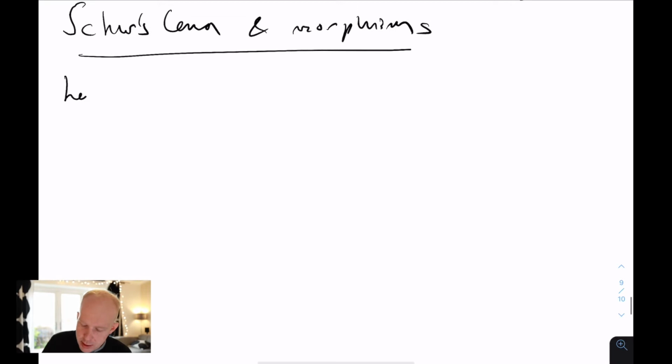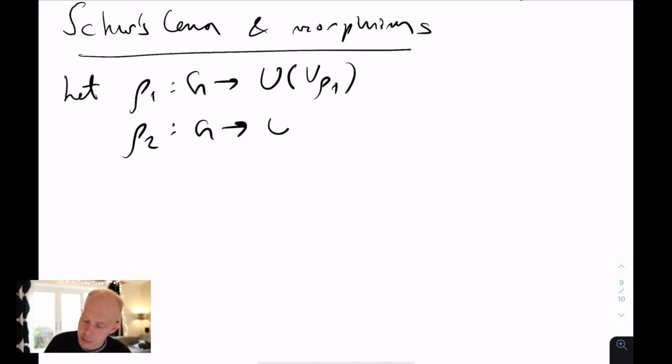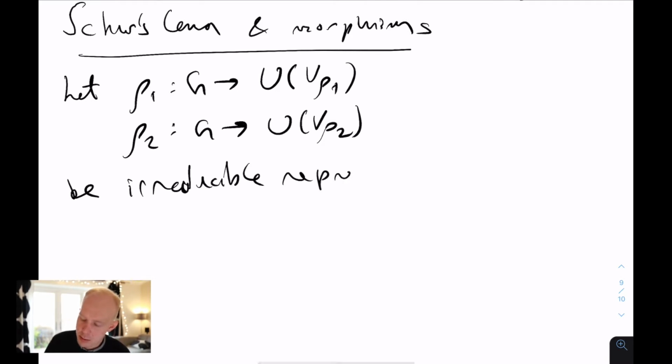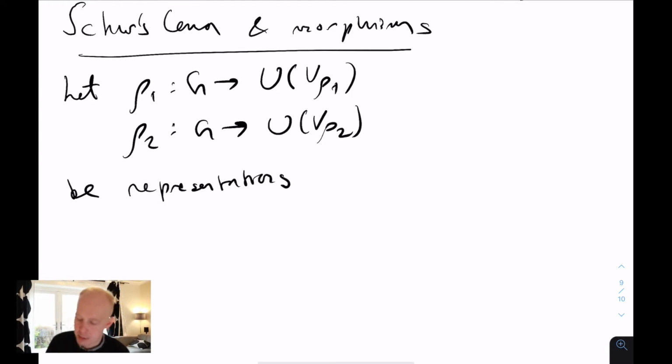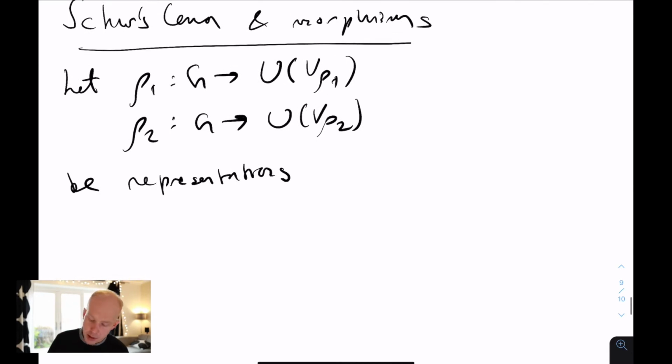So let rho 1 mapping from G to U(V rho 1) and rho 2 mapping from G to U(V rho 2) be representations. Actually, they don't need to be irreducible. They could be any representations. In this case, they are unitary representations, but I'll do it in this context now.